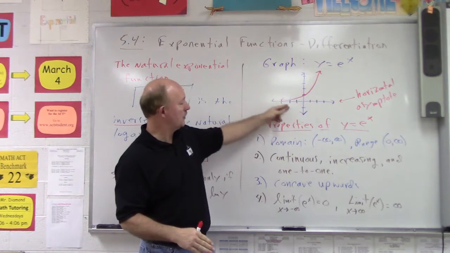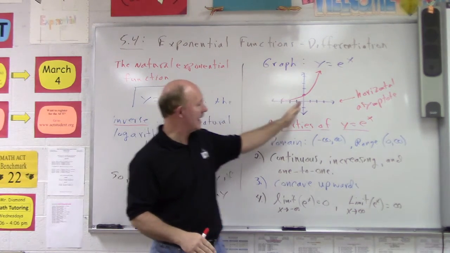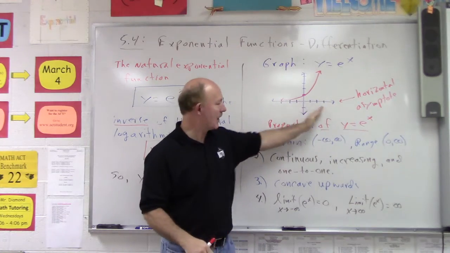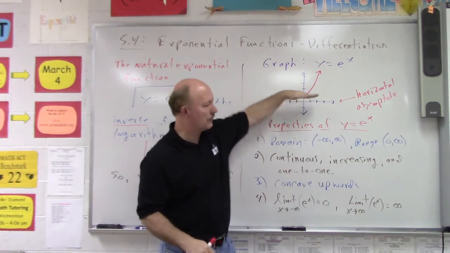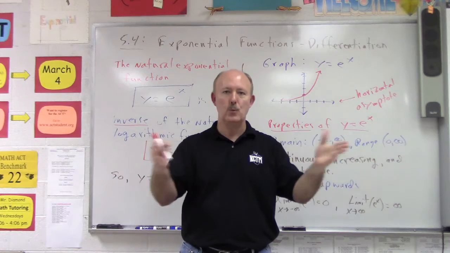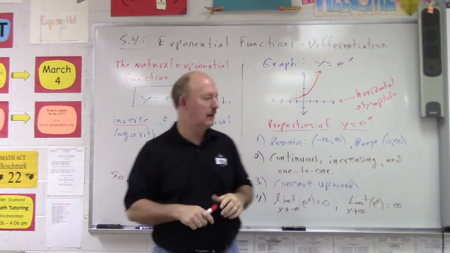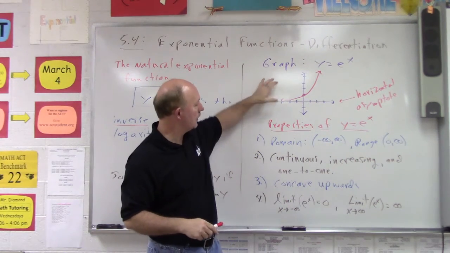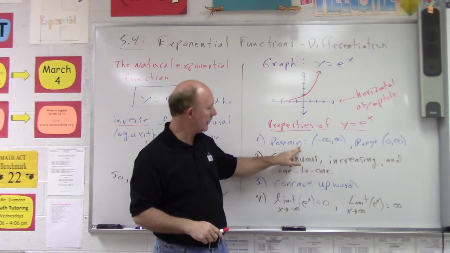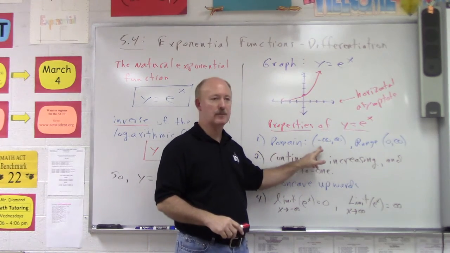The graph will just keep going to the left, and it'll just keep going to the right. So all the x values along the x-axis are used in the natural exponential function. So the domain would be negative infinity to positive infinity.